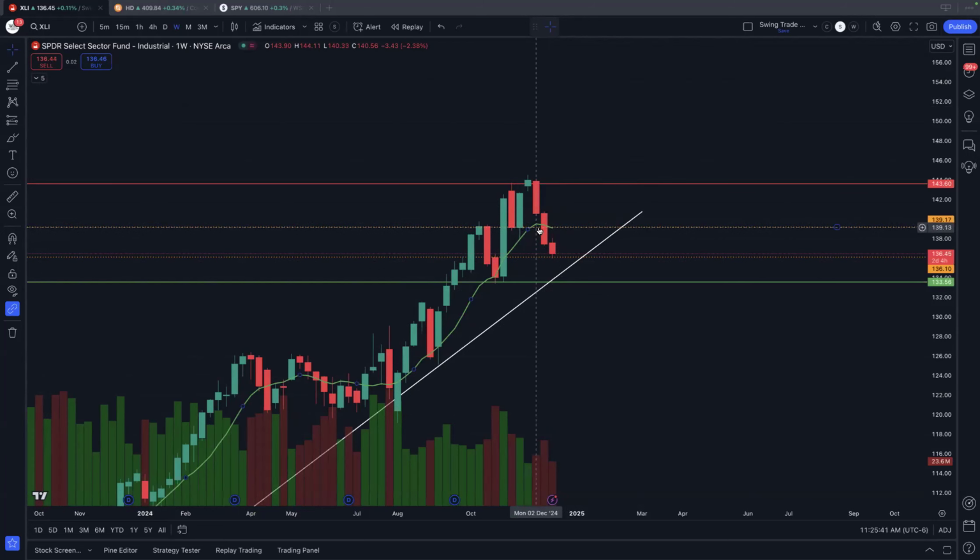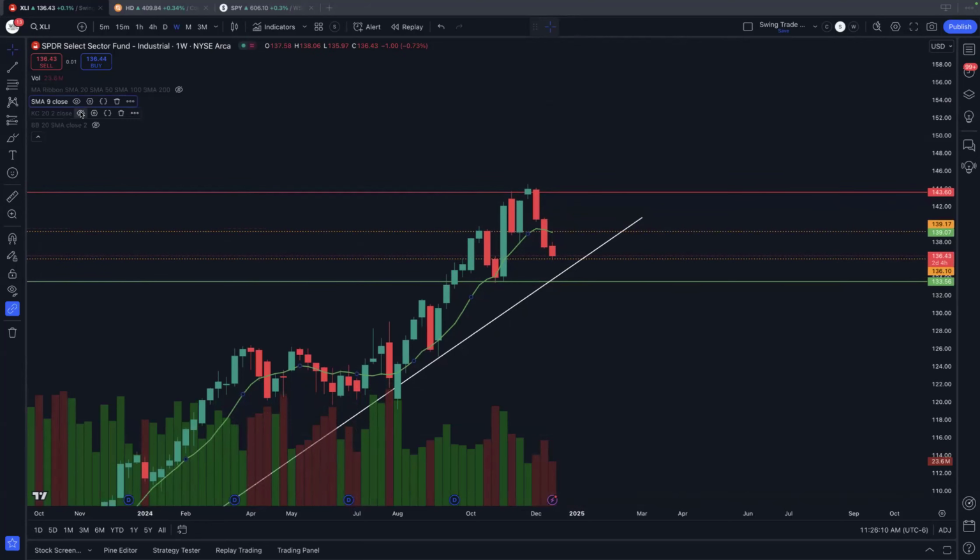Because it's only the 9 moving average, I'm not expecting this to drop for weeks and weeks and hundreds, well, in this case tens of dollars, right? I don't have that expectation because you only lost the 9-day moving average on the weekly. I'm expecting a drop, but I need to anticipate the closest support level, which on this chart is around the 136 range. I would have firmly exited there.